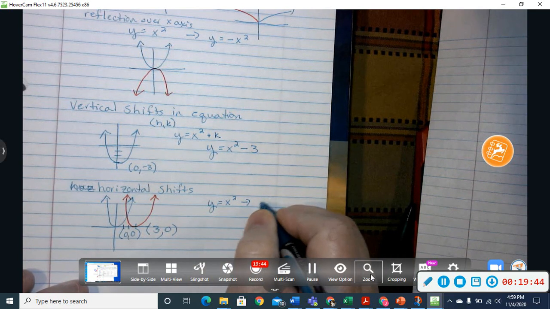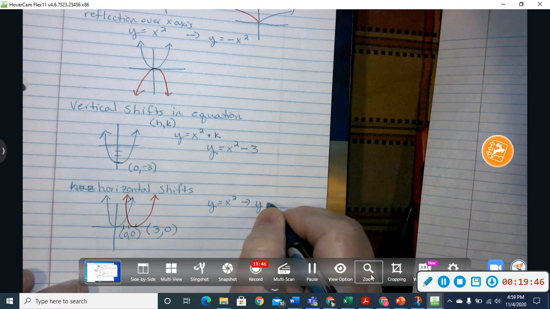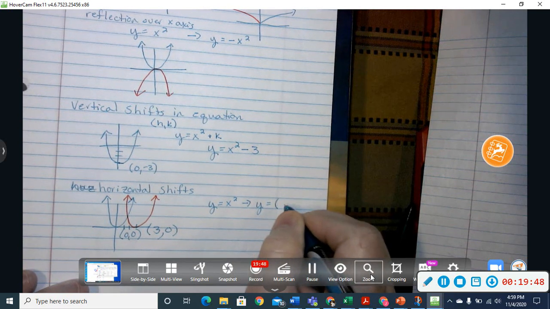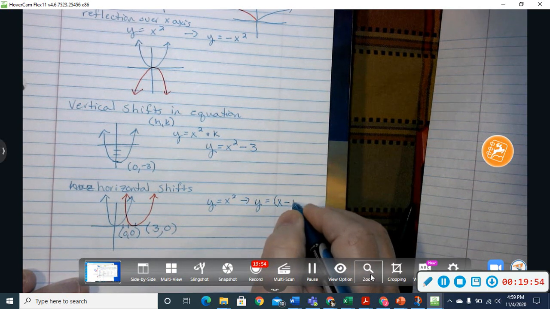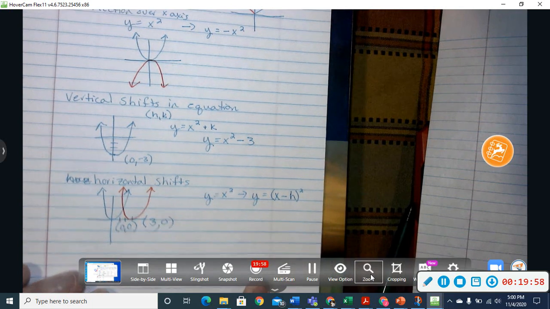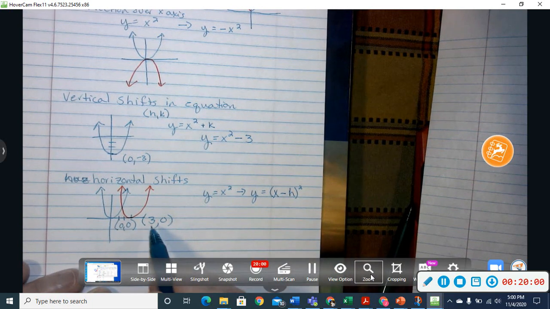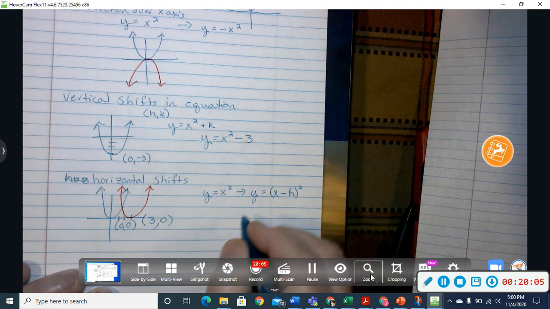When we put this inside the equation, we have to change the sign. We have to subtract the value of the h in the equation. So that 3 becomes minus 3 in the equation.